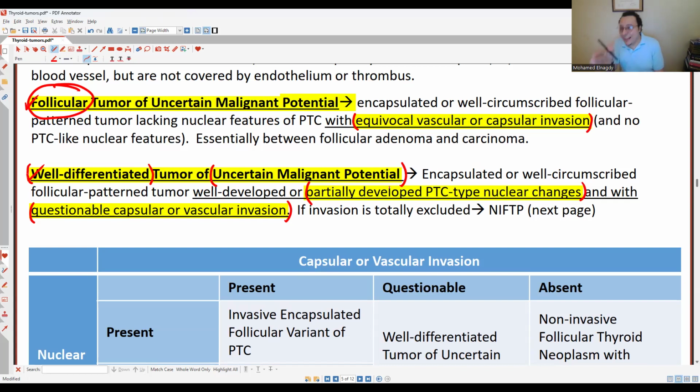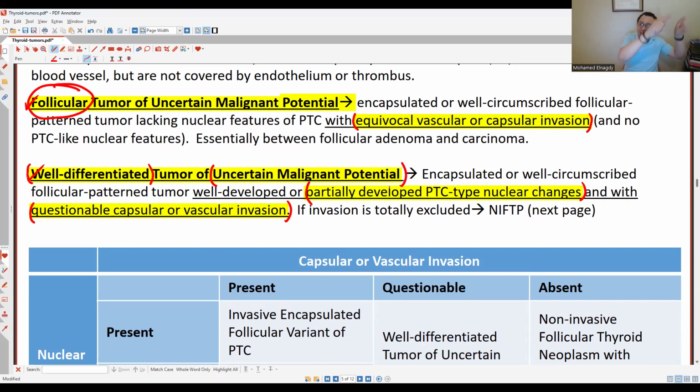So that's why we call it uncertain malignant potential. Uncertain malignant potential is a sign out statement for being unsure whether there is vascular or capsular invasion.